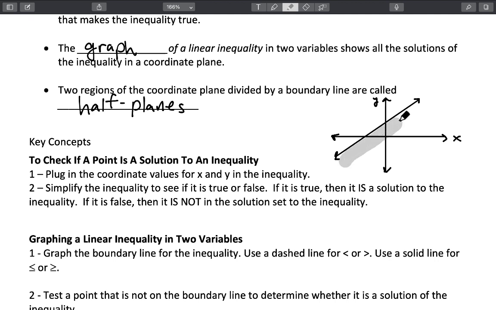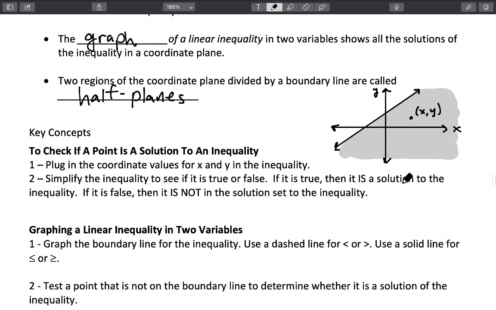Let's say we want all of the ordered pairs that are less than or equal to that boundary line. Then we would shade all of those ordered pairs that are less than or equal to that boundary line. So this little ordered pair x, y would be considered a solution to that inequality. In other words, it would make that inequality a true statement.